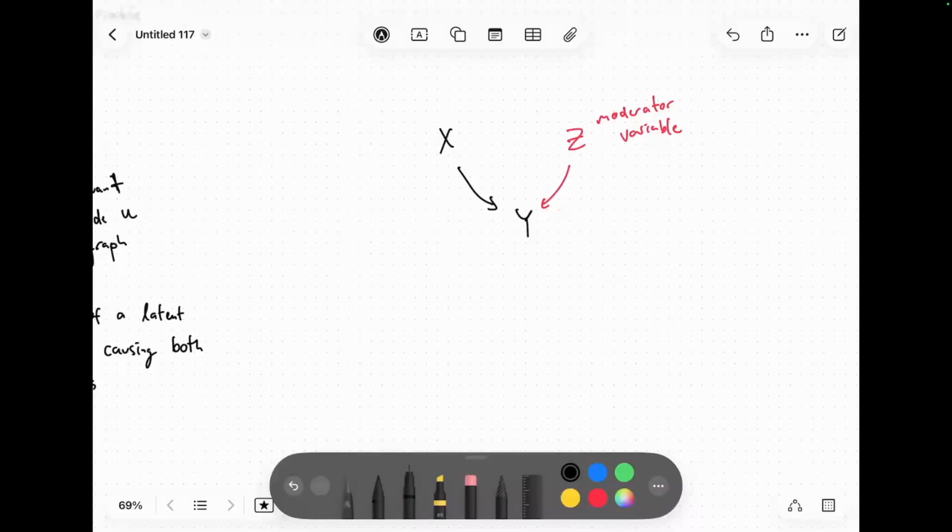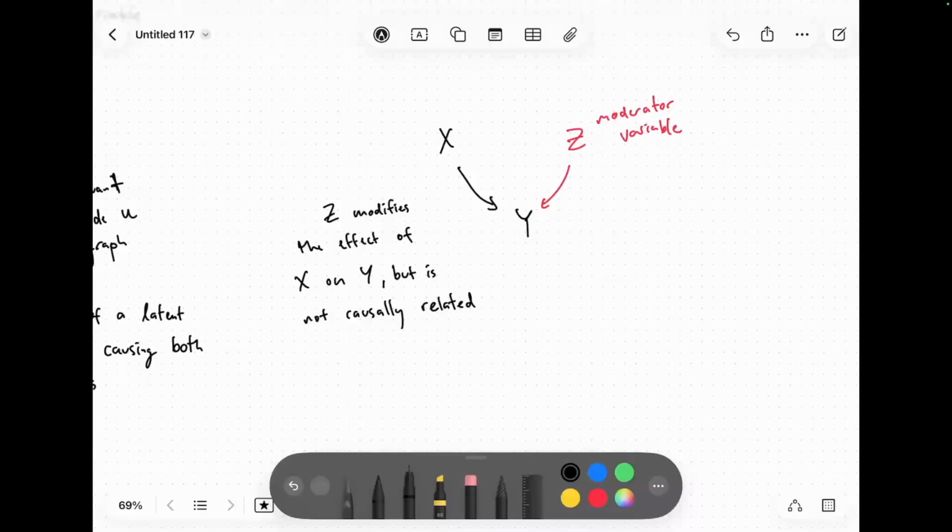Okay, so z modifies the effect of x on y, but is not causally related. So this is one thing to watch out for, and a potential thing that could be important to control for.